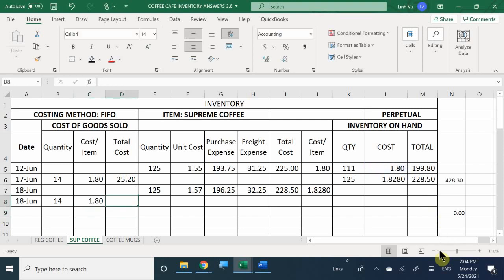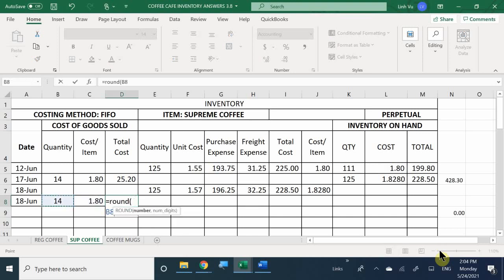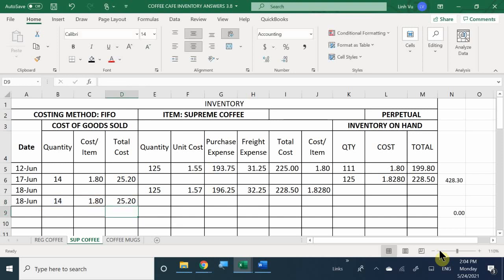We're taking out the first batch, so it should give us 25.20.